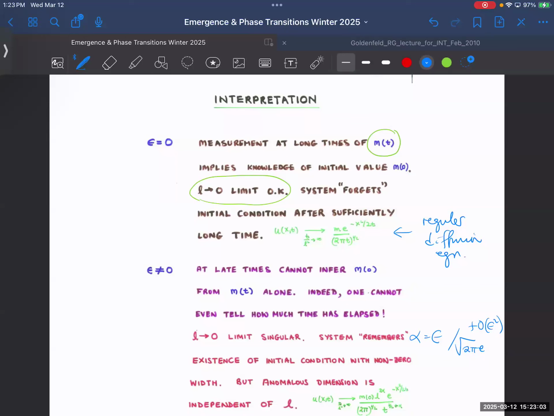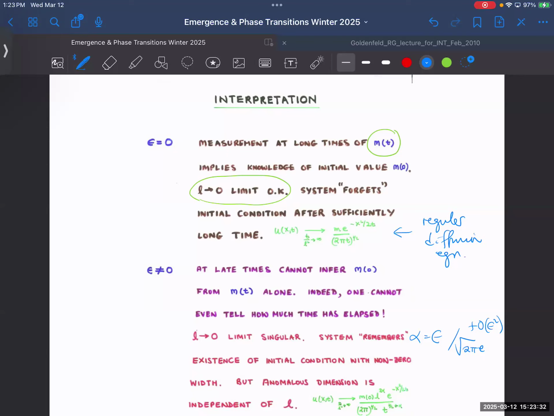Think about it physically what this means. In this solution, because M is in the numerator, it means that the thinner your initial condition is, the slower it would diffuse.